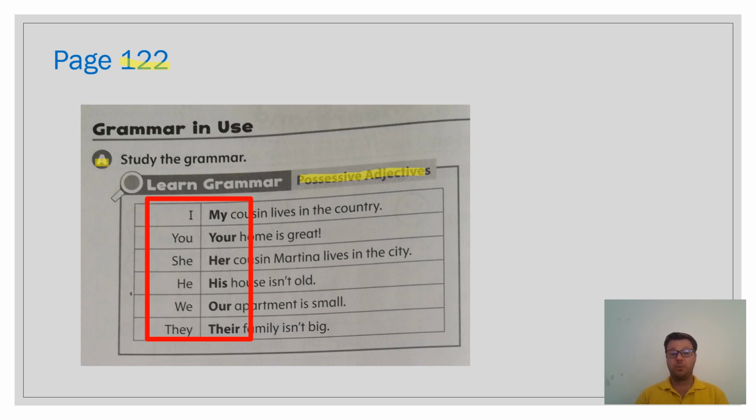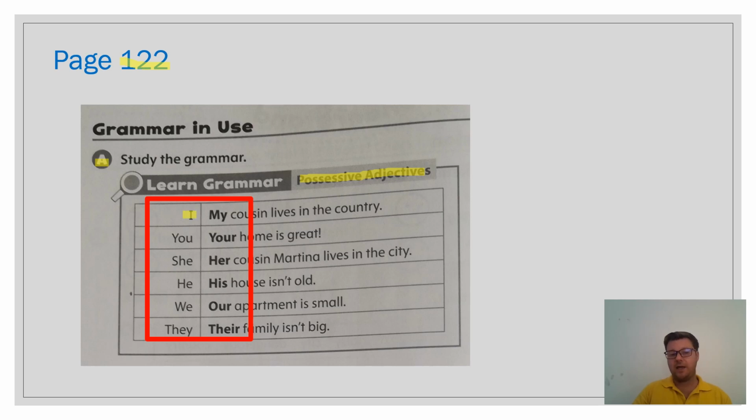Students, this is very important to memorize the pronouns and the possessive adjectives. So we need to spend some time learning all of these because we need to remember it to enable us to answer the questions.